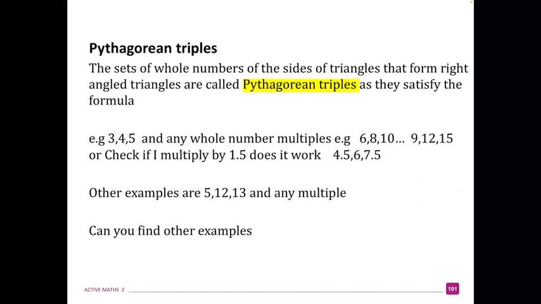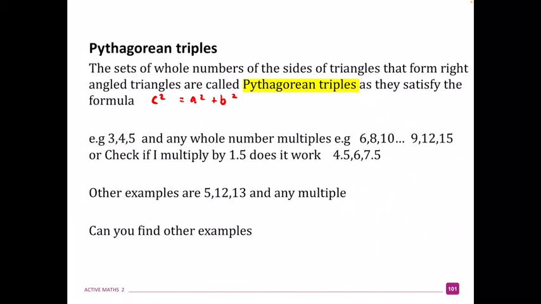Let's look at what we mean by Pythagorean triples. These are sets of whole numbers of the sides of triangles that form right-angled triangles. They satisfy the formula C squared equals A squared plus B squared. For example, 3, 4, and 5.